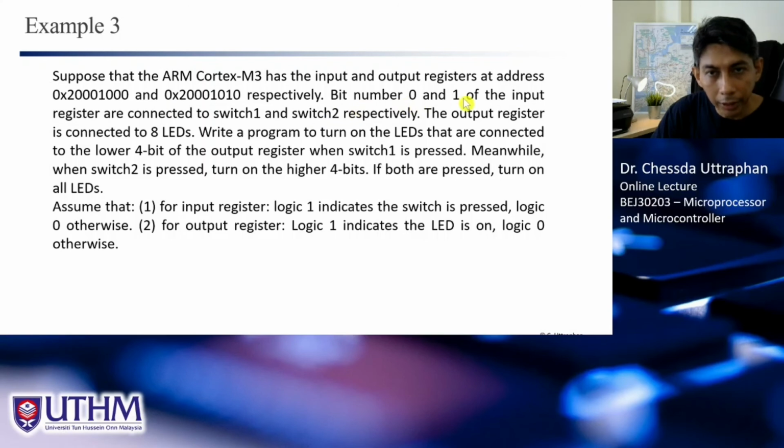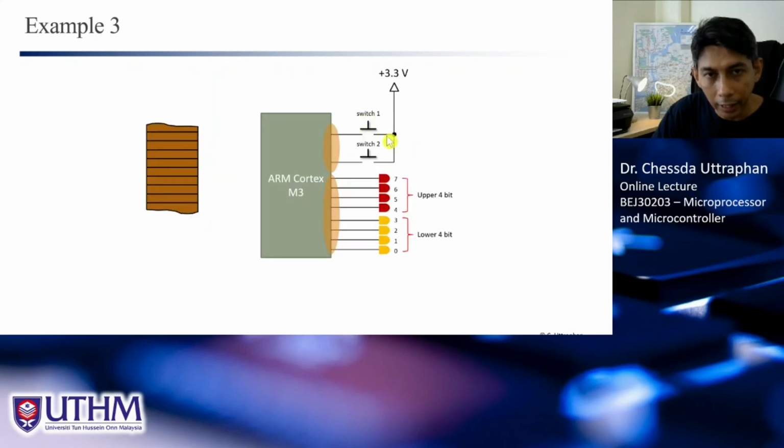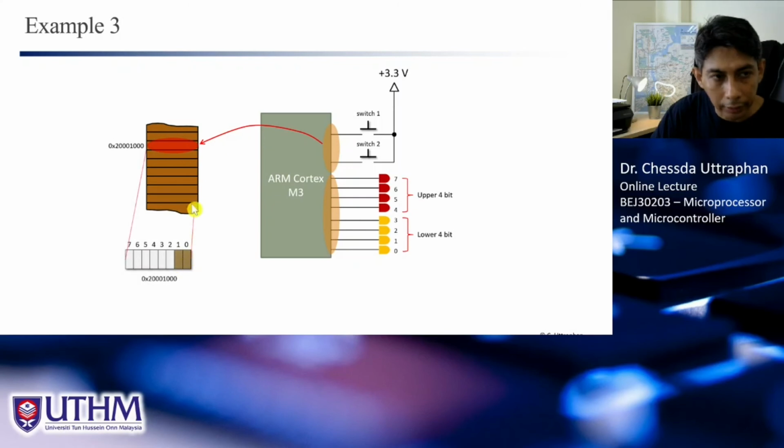Bit number 0 and bit number 1 of the input register are connected to switch 1 and switch 2 respectively. All right, means that we have a circuit like this, and switch 1 and switch 2 are connected to the microprocessor, and this is mapped to this address in the memory.